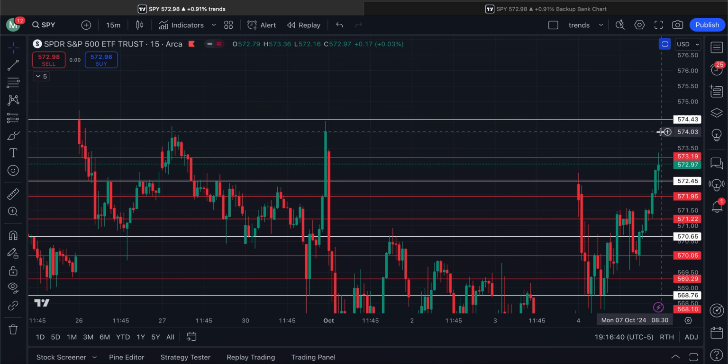Up here, levels start getting a little bit trickier since we don't have too much price action to base it off of.